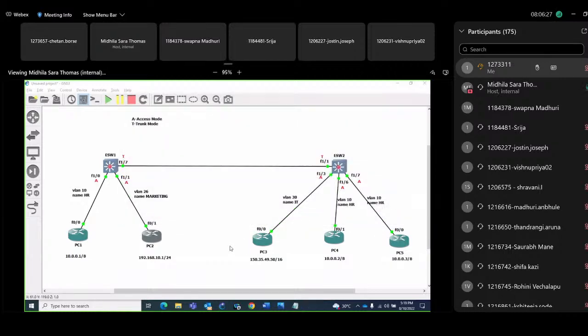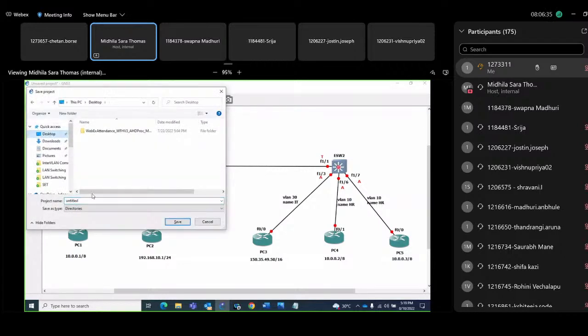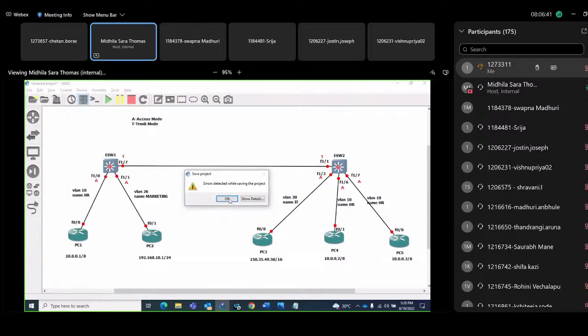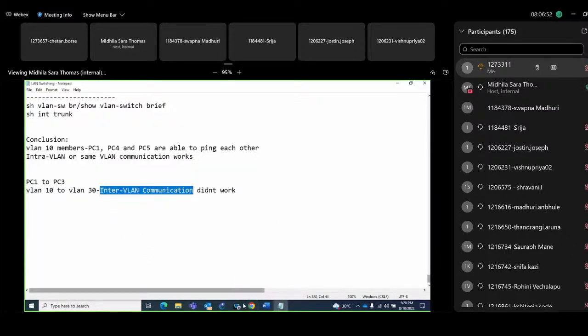So tomorrow I may change the topology depending on my wish. It depends. Please go through the Lex course.